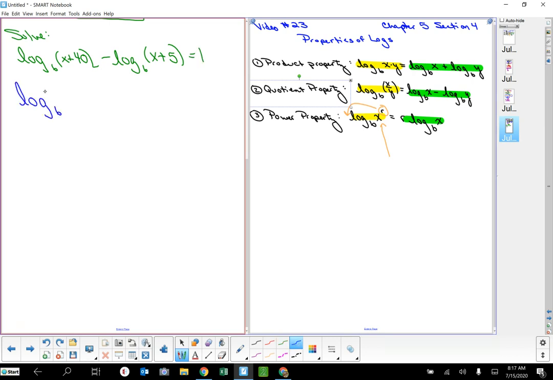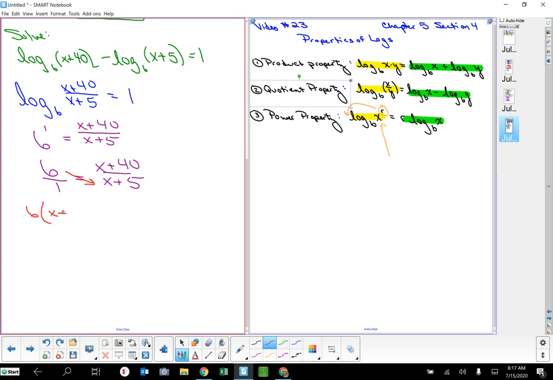So we have log base 6 of x plus 40 over x plus 5 equals 1. And now I can say 6 to the first equals x plus 40 over x plus 5. Well, 6 to the first is just 6. And this is really over 1. Now I can cross multiply. So 6 times that equals 1 times that.